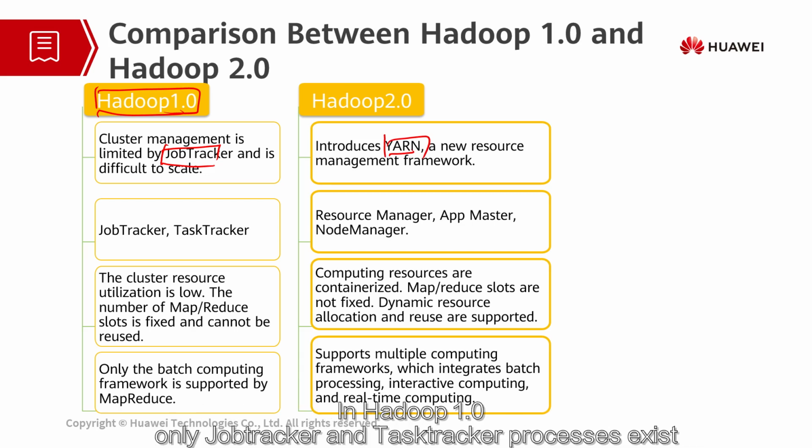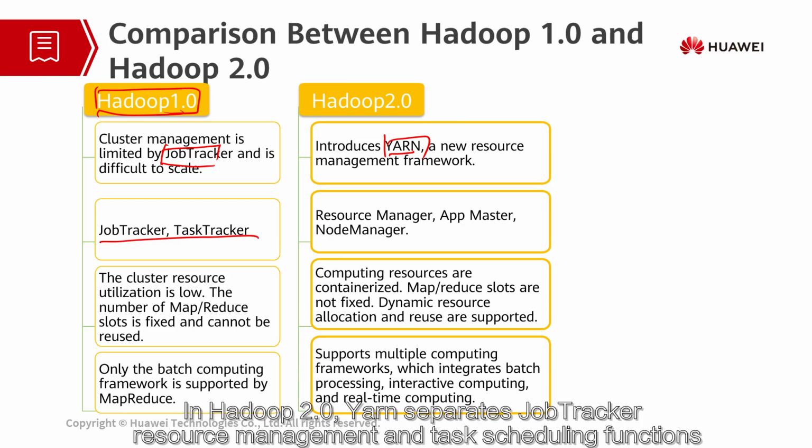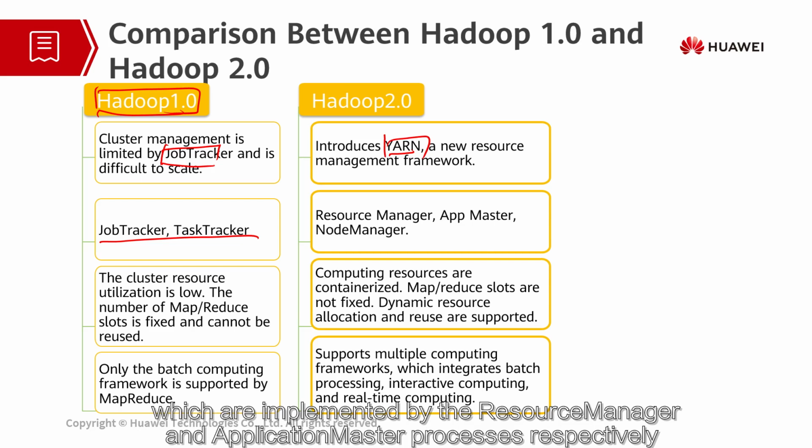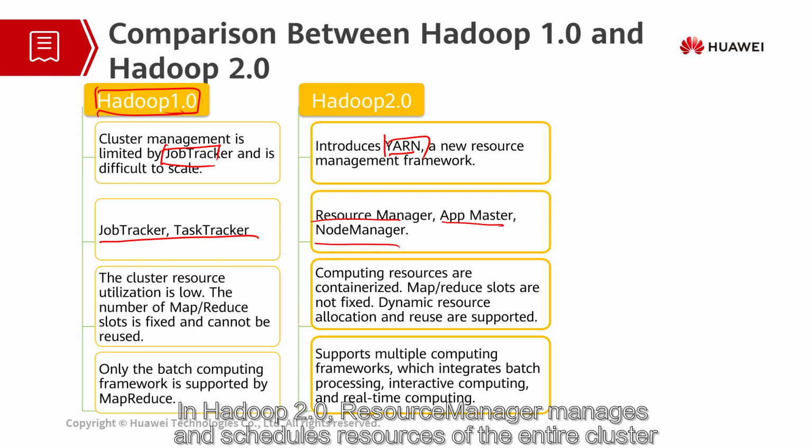In Hadoop 1.0, only JobTracker and TaskTracker processes exist. In Hadoop 2.0, YARN separates JobTracker resource management and task scheduling functions, which are implemented by Resource Manager, Application Master, and Node Manager.